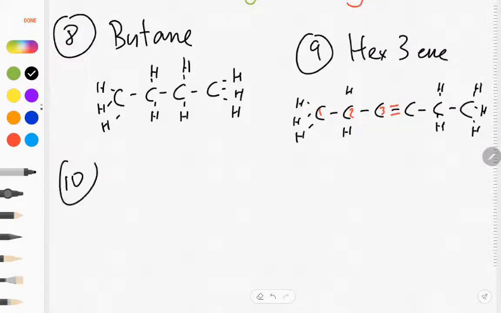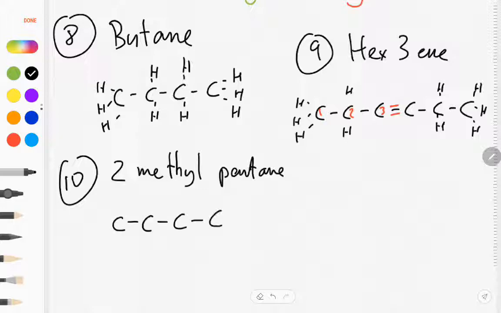Number 10. 10 is 2-methylpentane. All right. So pentane, pent is 5 carbons. So 1, 2, 3, 4, 5. Ane, no double or triple bonds. And then I have a methyl group on the 2nd carbon.